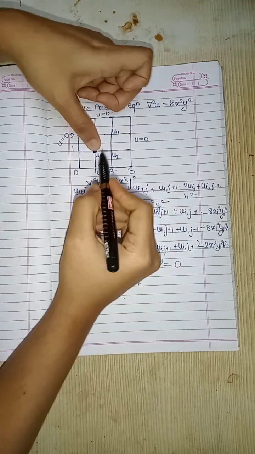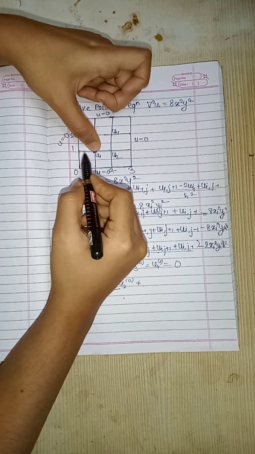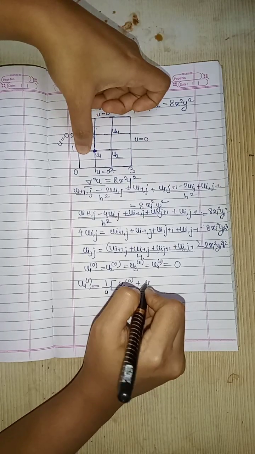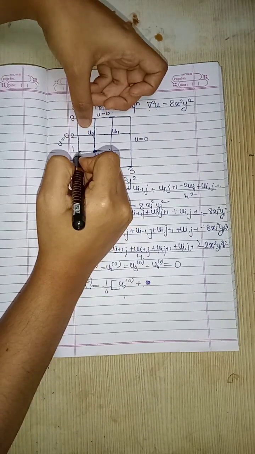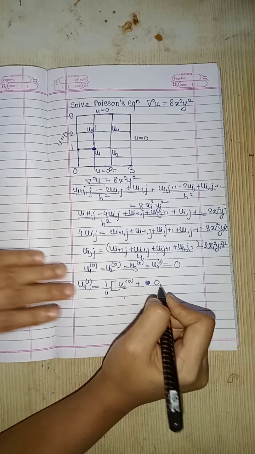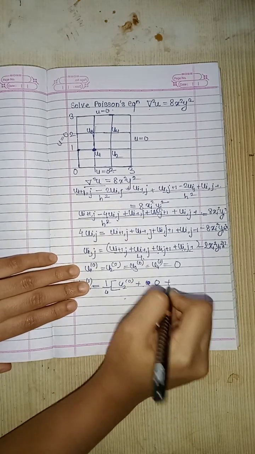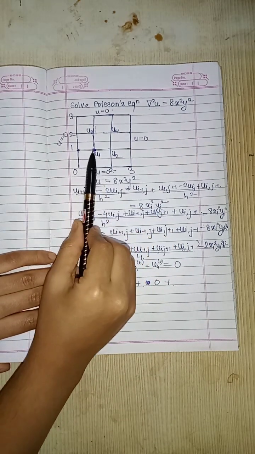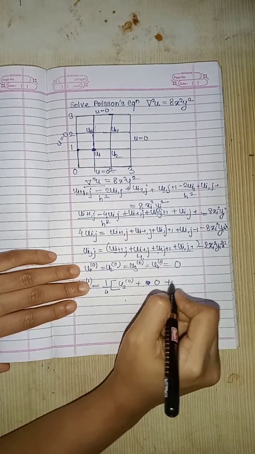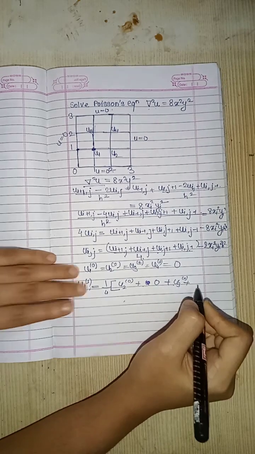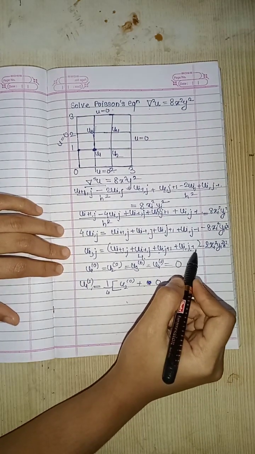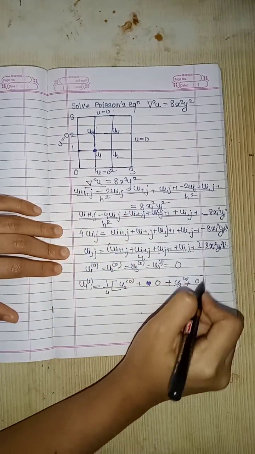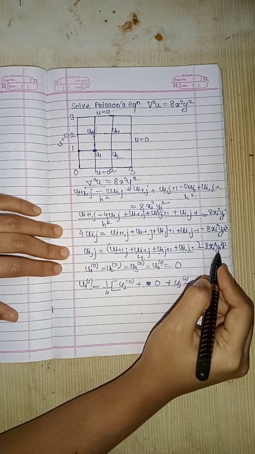If you consider u(i-1,j), then you need to go backwards from u1, and the value of u at this point is 0, so you can directly write 0. Then u(i,j+1) is nothing but moving forward in the y direction, so it is u3(0), plus u(i,j-1), so you need to go backwards, and again the value of u is 0, so minus 2 xi square yi square h square.